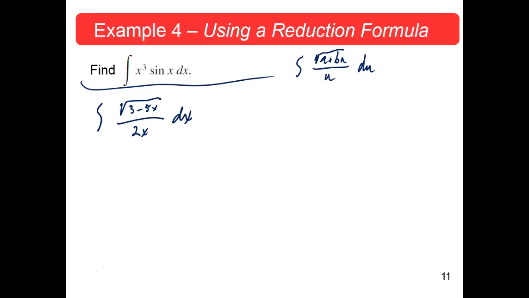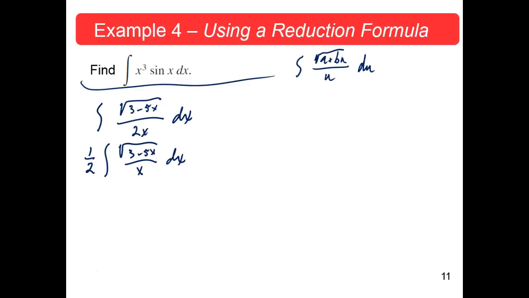Now, to get this to look like that, let's first take a 1/2 on the outside. Now you have an integral of the square root of 3 minus 5x over x dx. Does everybody agree with that? That wasn't that big of a stretch. Just pull the 2 on the outside and you have that.